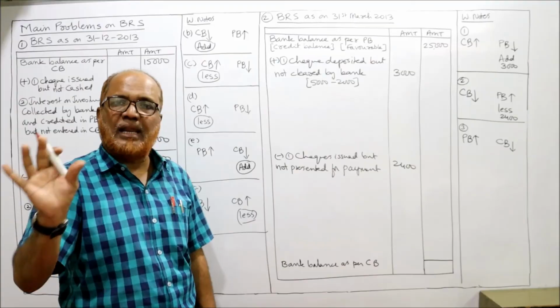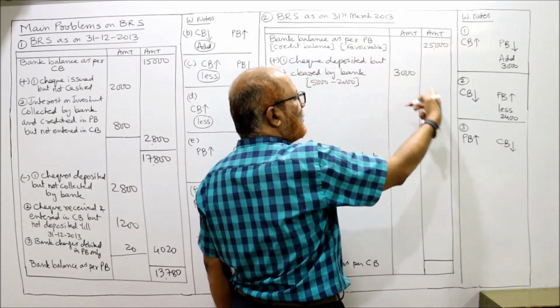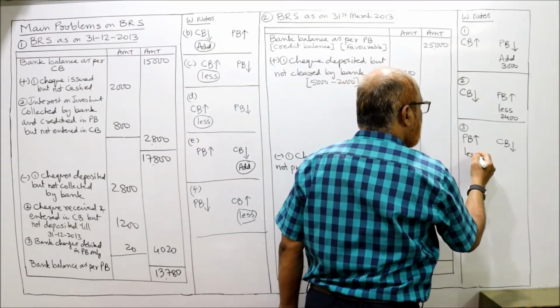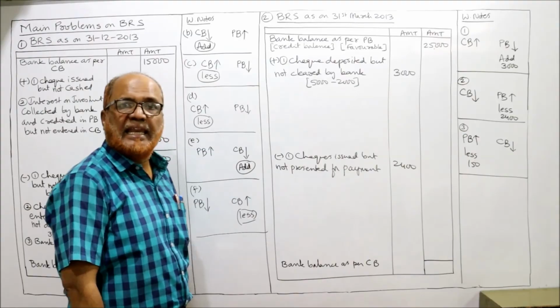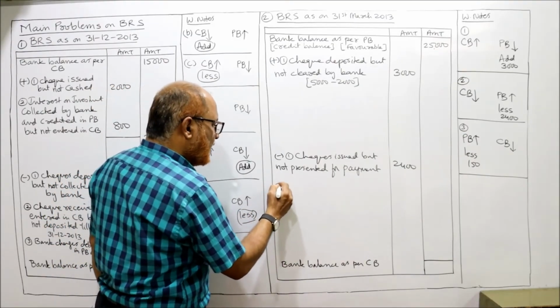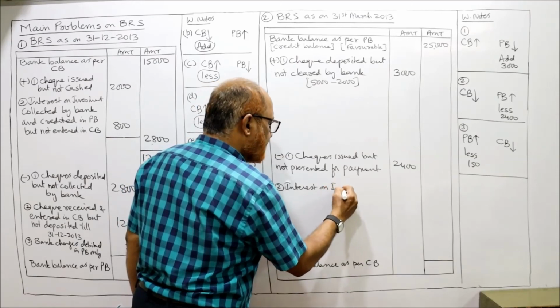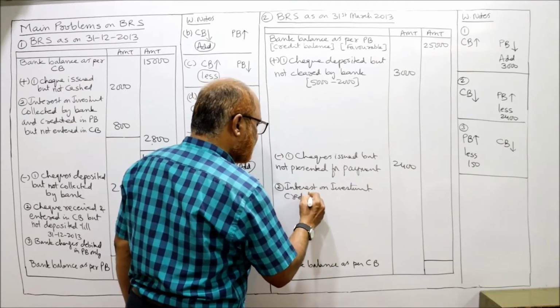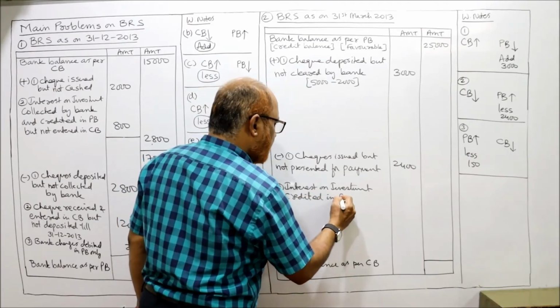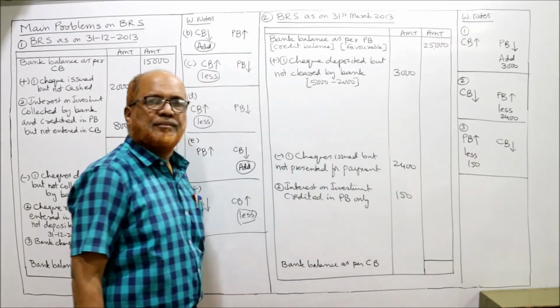It is recorded only in the passbook. The passbook balance is more and our starting point is passbook, so what we have to do? Less 150. Interest on investment credited in passbook only, 150 rupees.